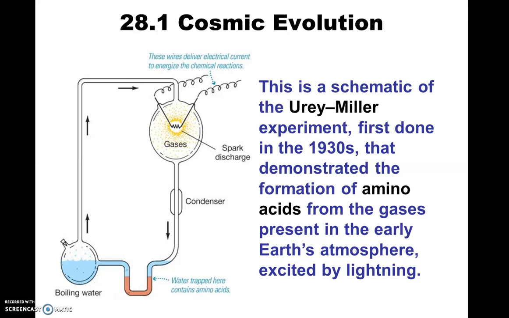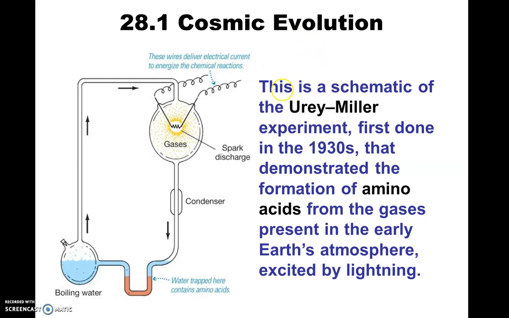Back in the 1930s, let's talk about this experiment. This was actually a very significant experiment for biology and of course for astronomy as well and chemistry. It's called the early Miller experiment, and it was, as it says there, the very first time it was performed, and it's been performed multiple times since then.